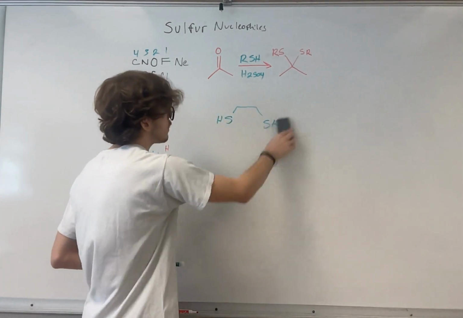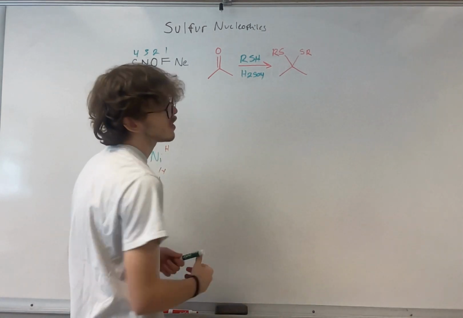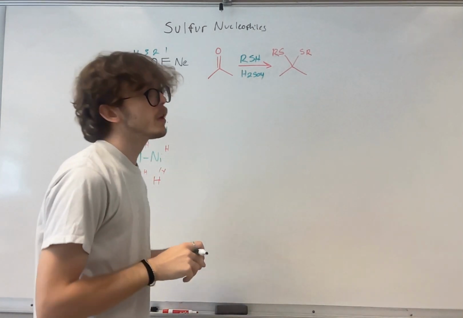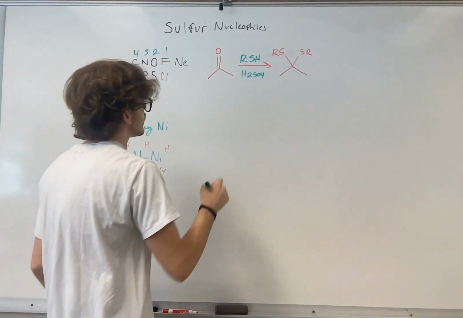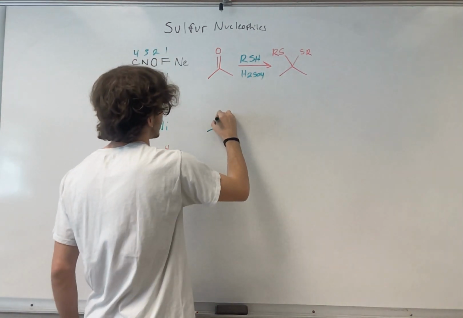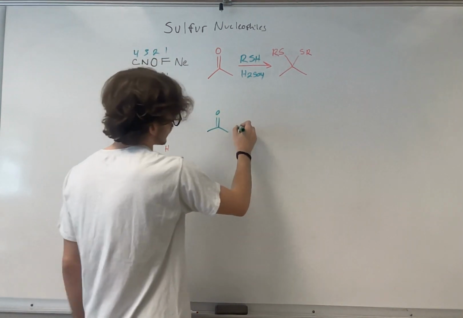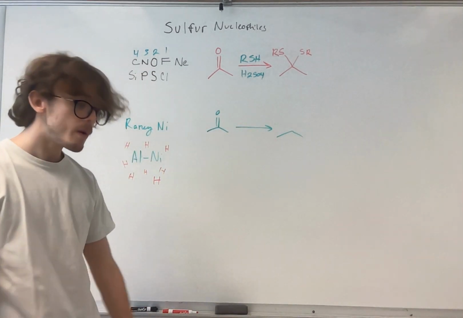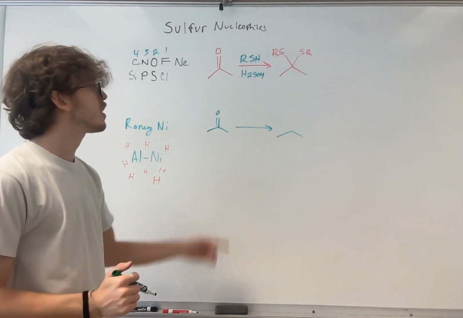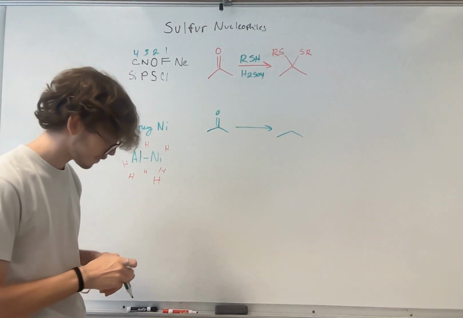Now, I want to point something out about something that you can do with thiols. Remember we looked at Wolff-Kishner reduction or some of the other ways of hydrogenating, right? Or turning a ketone into an alkane, just chopping it off. Well, we could use Wolff-Kishner reduction, but we could also do a different method.